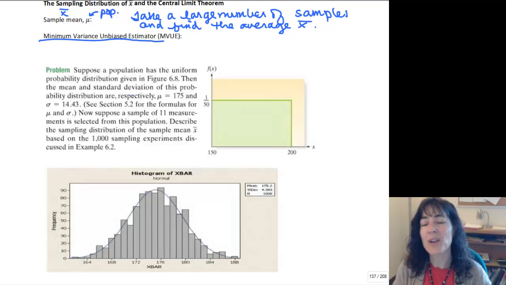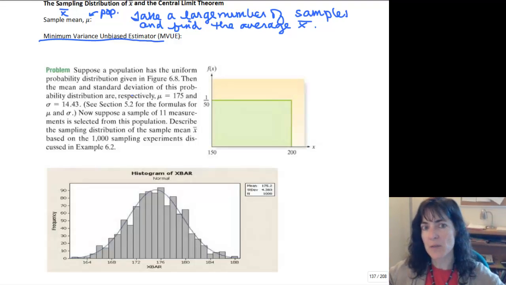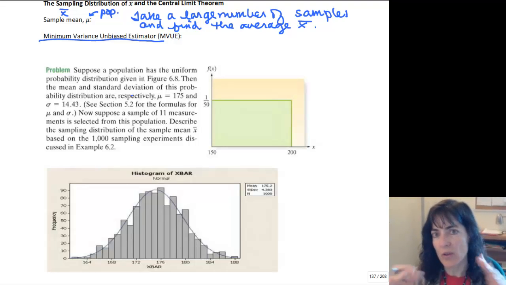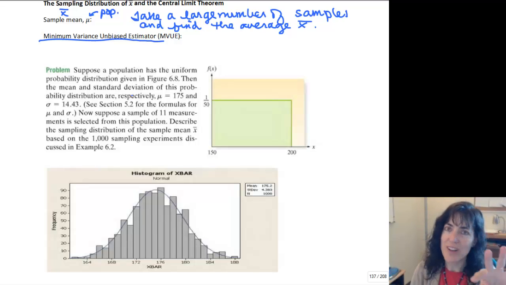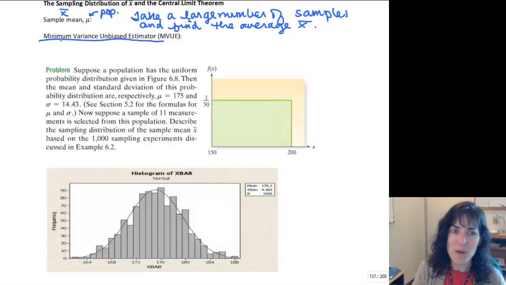So we have this idea of a minimum variance unbiased estimator. Now we know about that. We've talked about it in the last unit, that if we're trying to find a good estimate, we want the one that's unbiased. It has the same middle point as our population middle, and we want the one that has the smallest spread or the smallest variance. So we just put it in a little bit different order and call it minimum variance unbiased estimator.